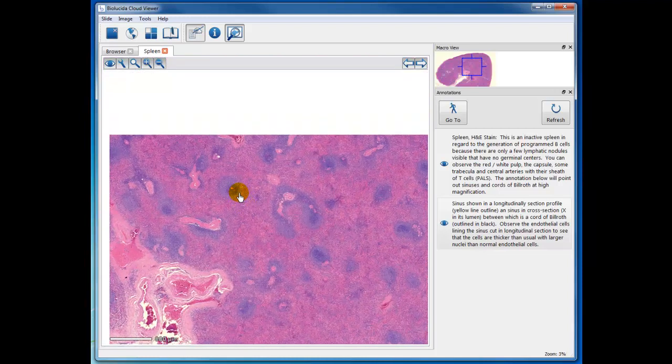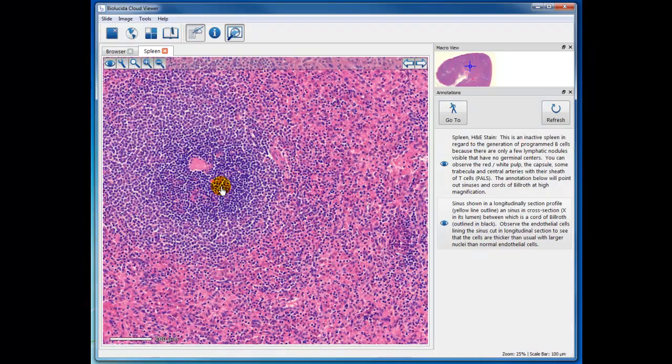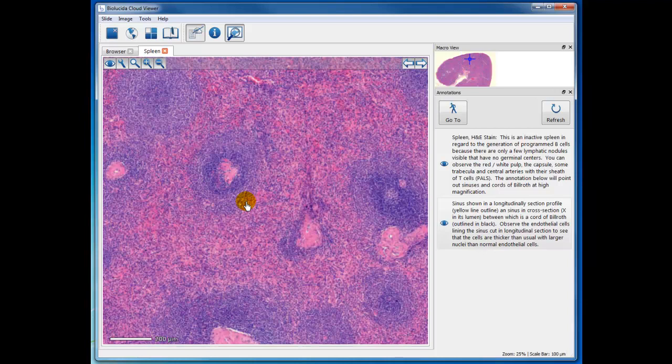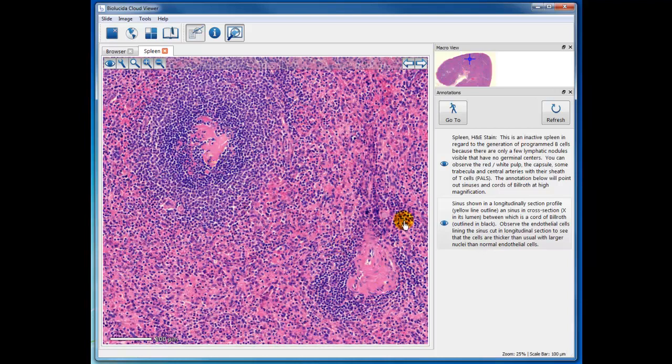So here's a good example close to a nodule. Let's see just one more example where you see a cuff of lymphocytes and a cuff of lymphocytes here. And you have learned in lecture that this means periarterial lymphatic sheath.